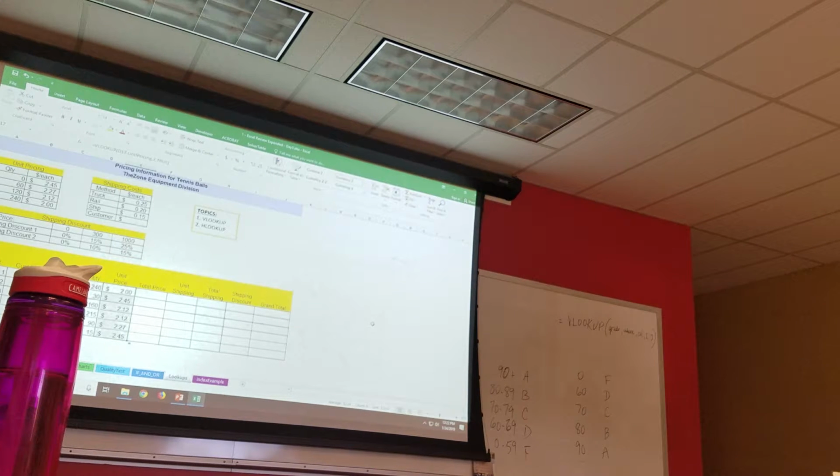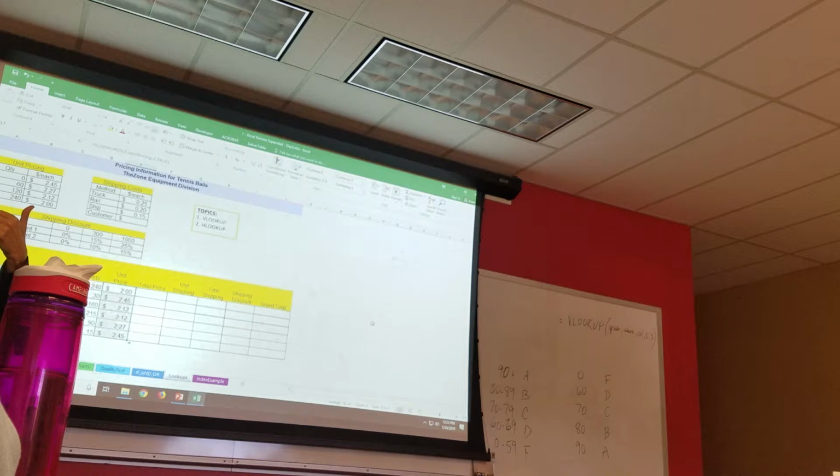I don't understand why you put true at the end. I understood everything else, but the last one. So the true and the false thing has to do with, is this data in a range, an approximate type lookup, or is it an exact match lookup? Which we haven't done yet, but we're about to do next, okay? When it's in that range, in other words, they don't have to order 60 cases, they could order 65 cases if they wanted to. That's when we have to say true.